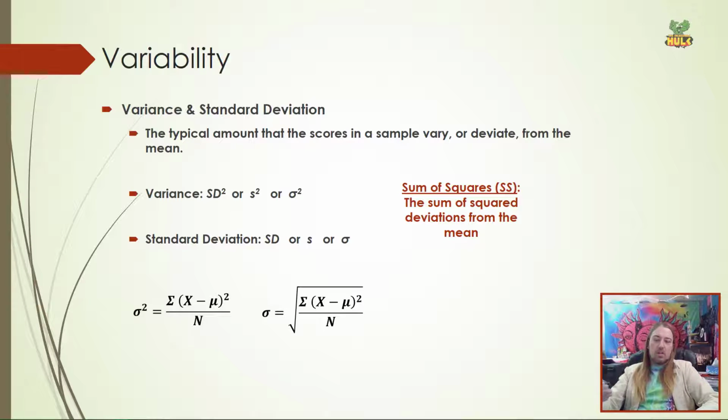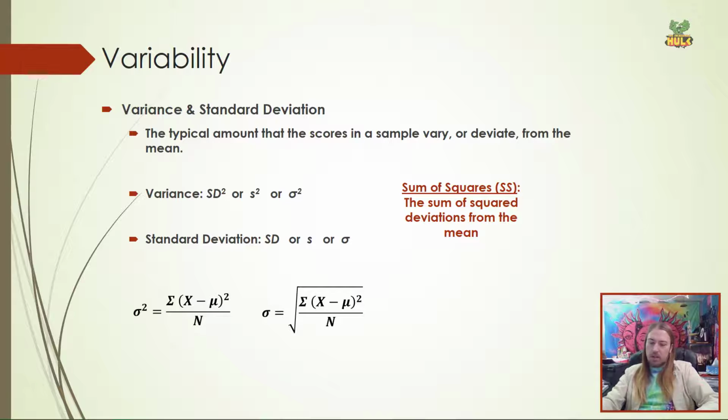In formulas, for samples we use Latin characters, so s squared. For populations we use Greek characters, so lowercase sigma squared. Notice that the standard deviation symbols are identical, just without the squared, without that 2 superscript.